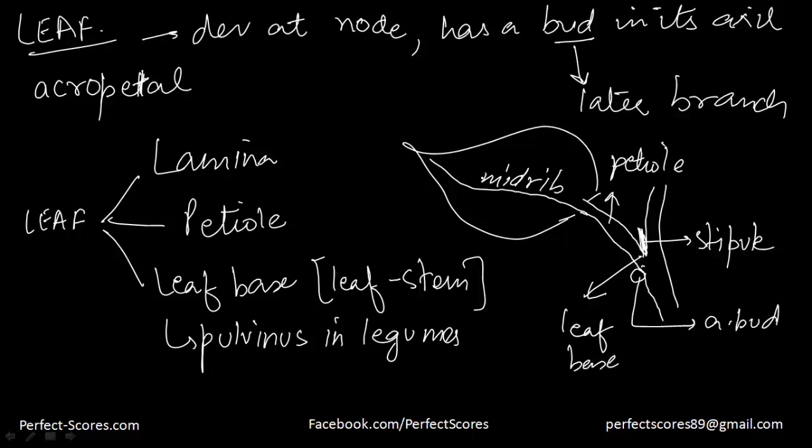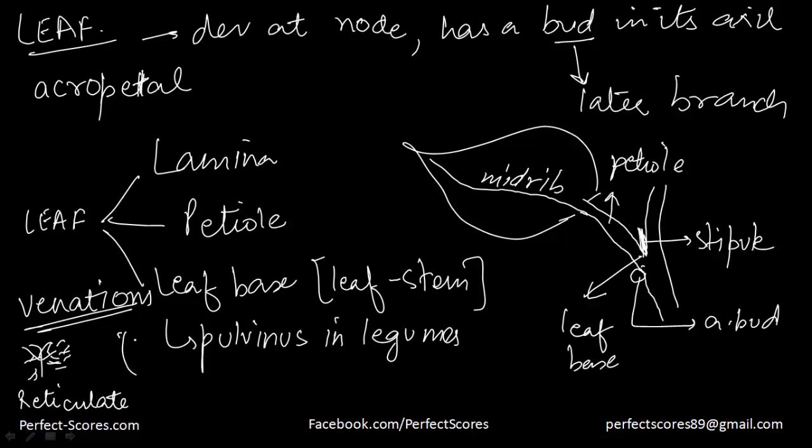Now venation is simply the arrangement of the veins and veinlets of the leaf. So you just need to know that there are two kinds of venations. So let me make a note here. If they run like a network, like this, that is known as reticulate.